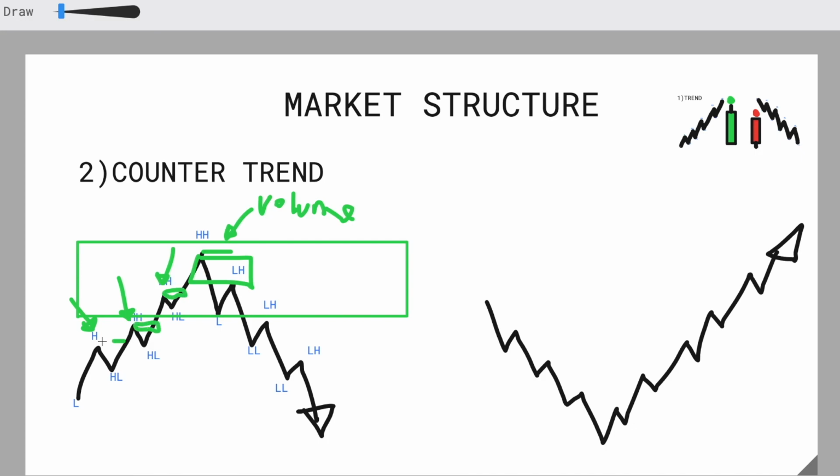And you need to figure out if the supply zone is stronger or not. We'll be looking at that later on as well. But this is the reason why price failed to break this high, because the liquidity has already been taken out. That's why price failed to break a higher high.